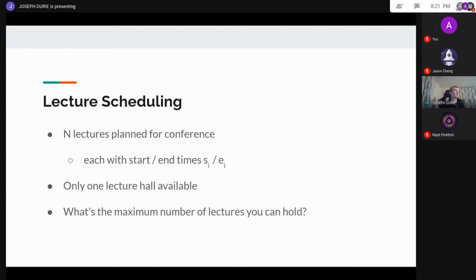Oh, and I didn't explicitly say it, but you can't have two lectures going on at the same time in the same lecture hall. So they have to be disjoint. You want to know basically what's the maximum number of disjoint intervals?